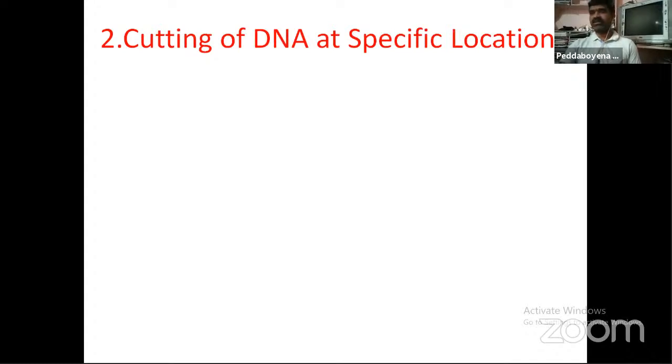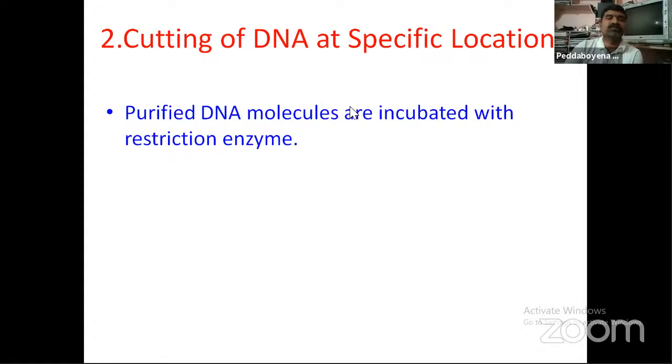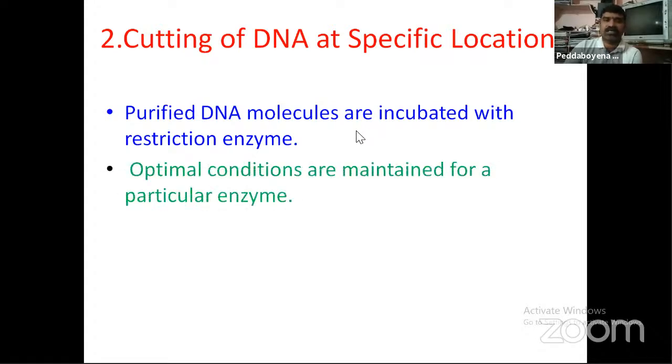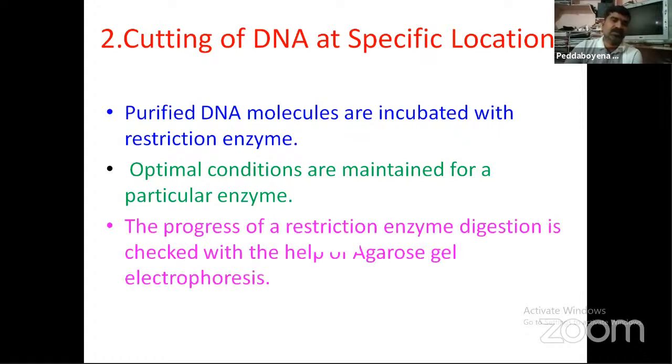Then the second process you are observing is cutting of DNA at a specific location. Here, clearly, purified DNA molecules are incubated with restriction enzymes. After precipitation we get the purified DNA molecules, and then they are incubated with the restriction enzyme. Optimal conditions are maintained for the particular enzyme.